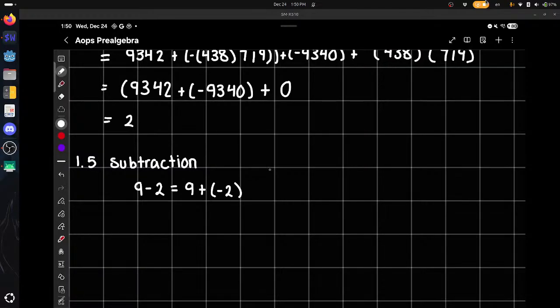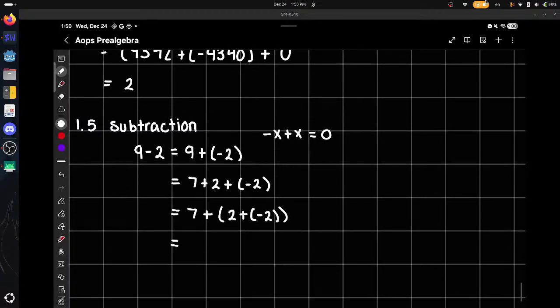And using the property of negation, x plus the negation of x gives us 0, we can use that property to help us out a bit. So if we take 7 plus 2 plus the negation of 2, we see that if we use the associative property, we can actually cancel out the 2 because we have its additive inverse.